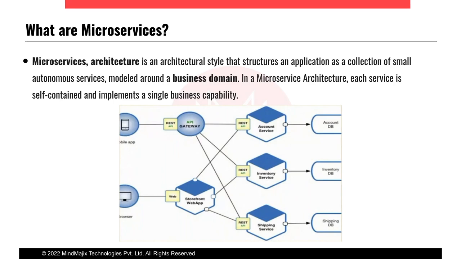Resilient services means, you come to Flipkart. Let's assume this is Flipkart, and in inventory you see all the products. In account, you go to payment, and shipping is for all your addresses. Let's say a bug comes up in the shipping service, so the shipping service in Flipkart goes down.